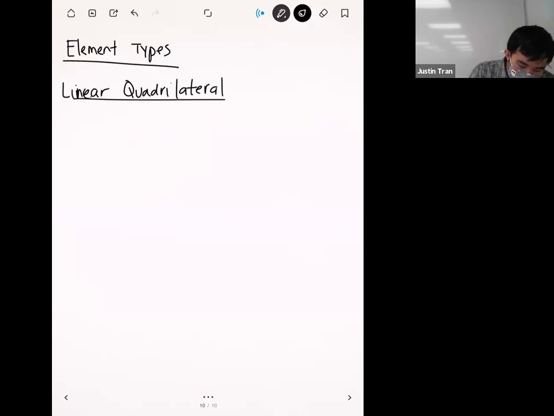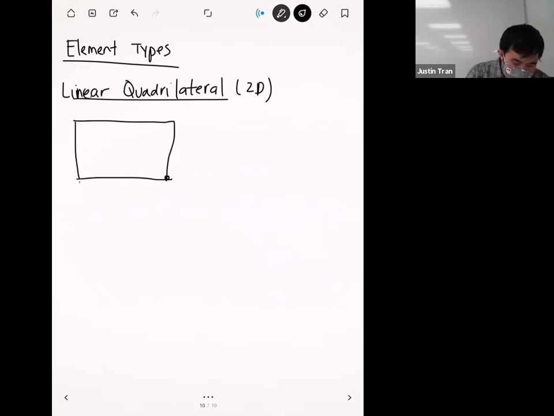The linear quadrilateral is the first 2D element that we're going to look at. I know most of the analysis that we do in this class is 3D, but even in those situations your 2D elements are really important, because for any 3D volume that you mesh, you're going to have a 2D surface on the exterior. That covers the shell of your 3D surface.